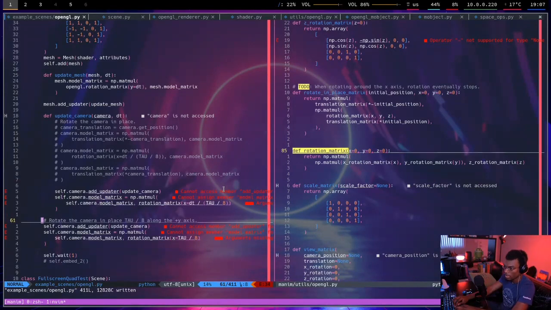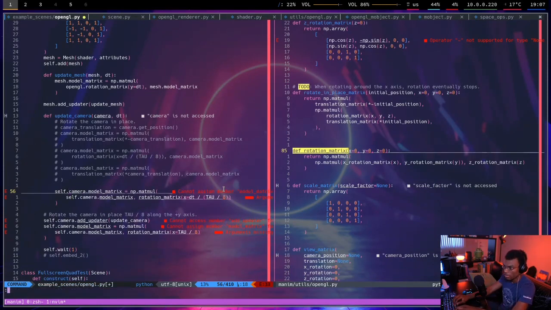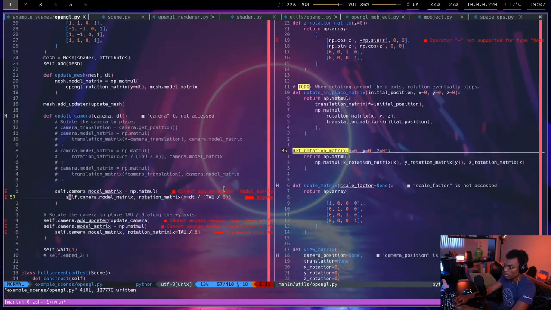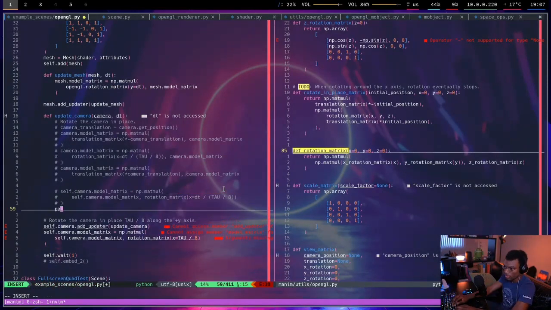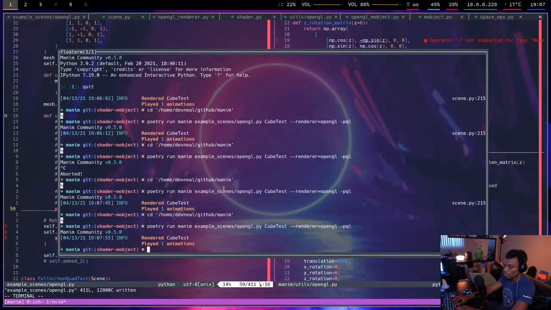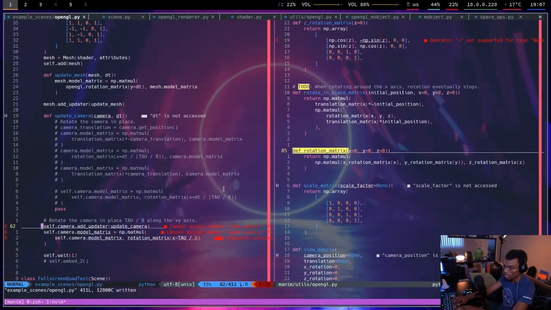Okay, why did nothing happen? Oh, I added the updater within the updater, so that doesn't make sense. That time I didn't see anything either, though. Okay, work with me here. Alright, the square has disappeared.